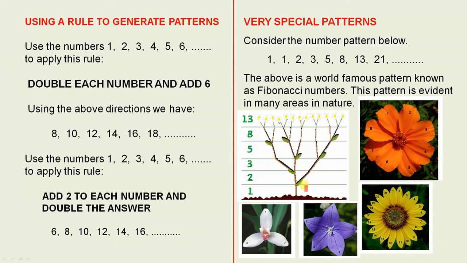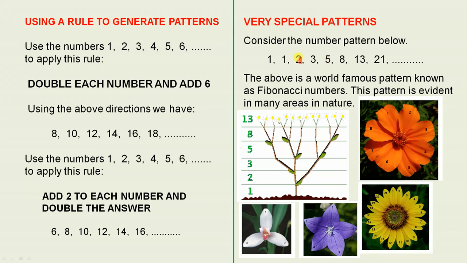It's quite fascinating. If you have a tree, you start off with the trunk. So there's one trunk. As you move up the tree, it splits into 2 branches. So that number 2 is a Fibonacci number.